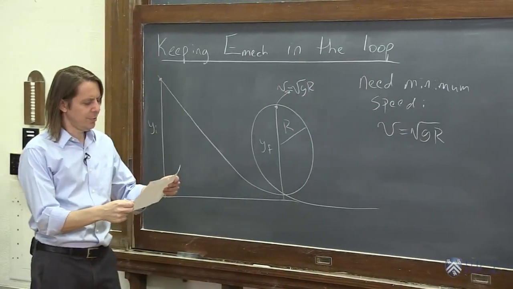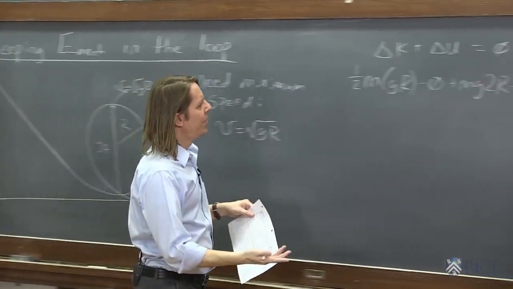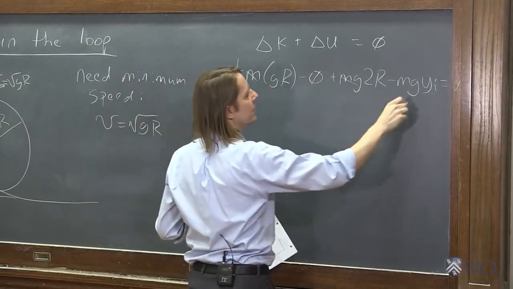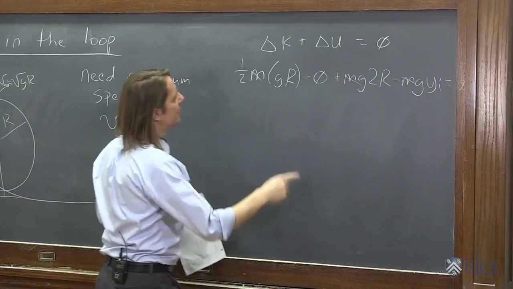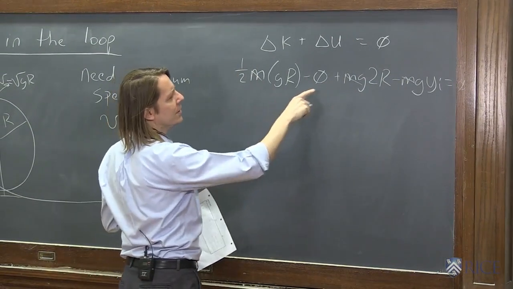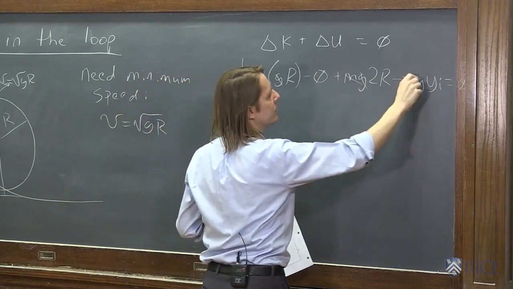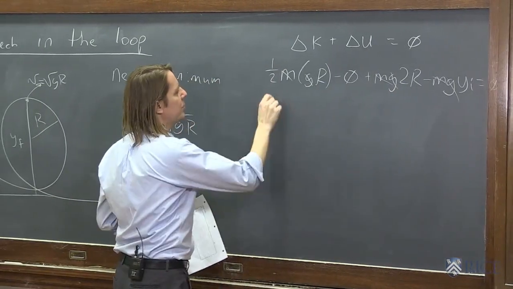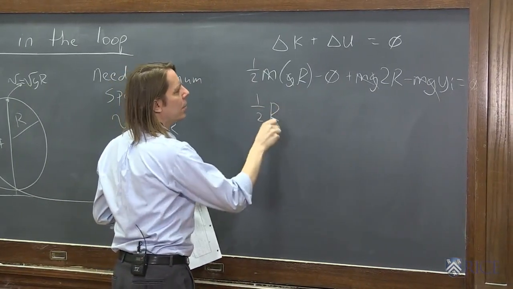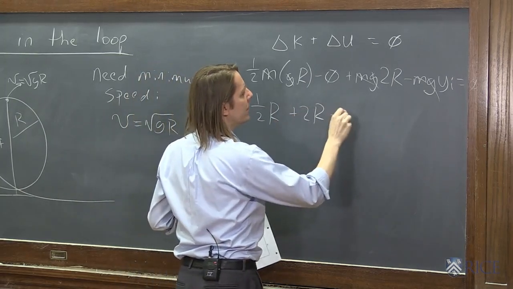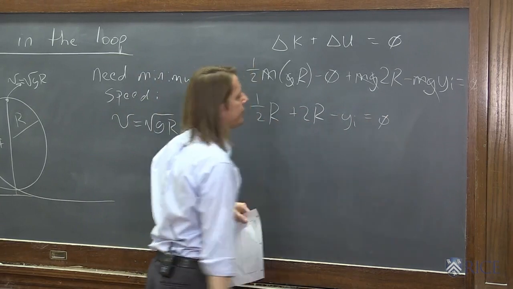All right, then we just do a little bit of algebra and see if we can solve for this height here. Mass is in every term. Mass goes away, very nice. And I need to solve for y_i. g is in every term. I knew something else was going to go away. g cancels. So we have 1/2 r plus 2r minus y initial equals 0.